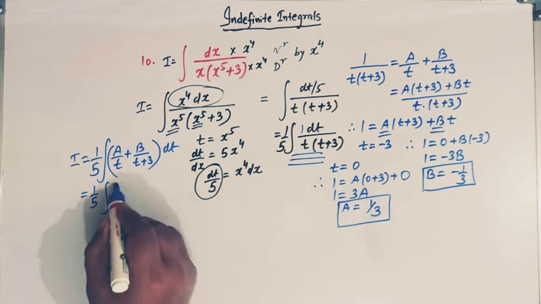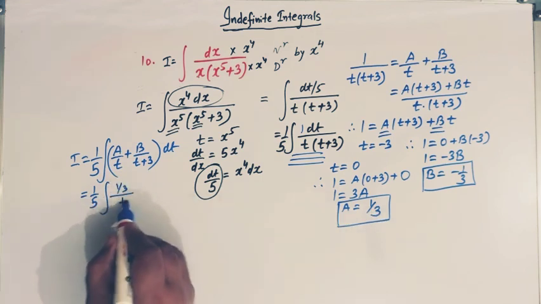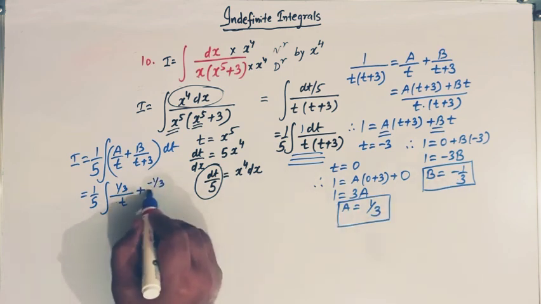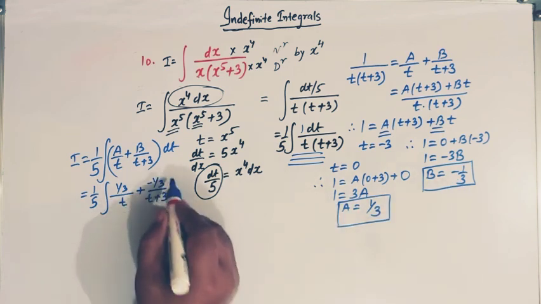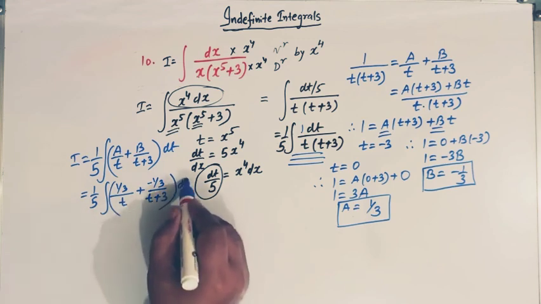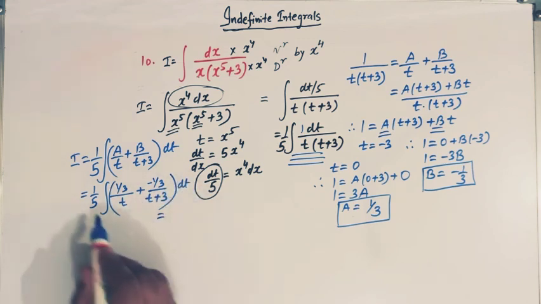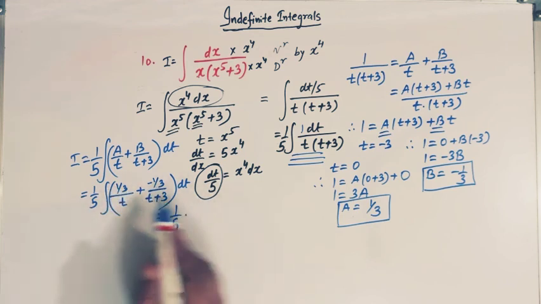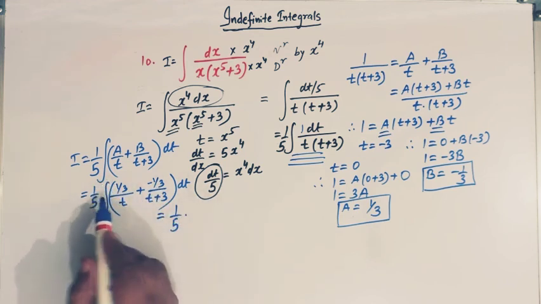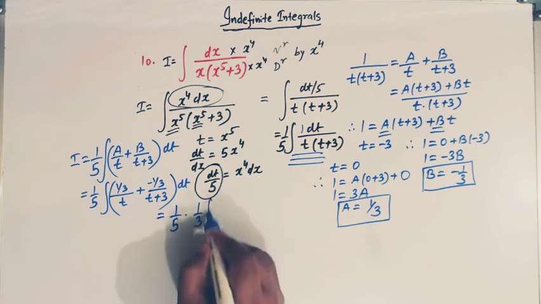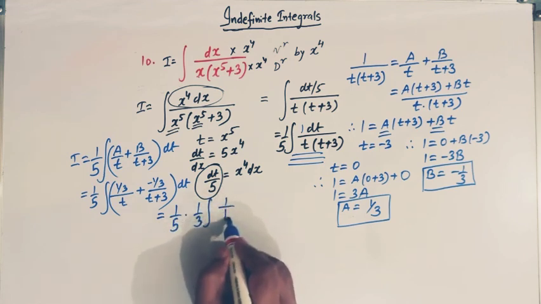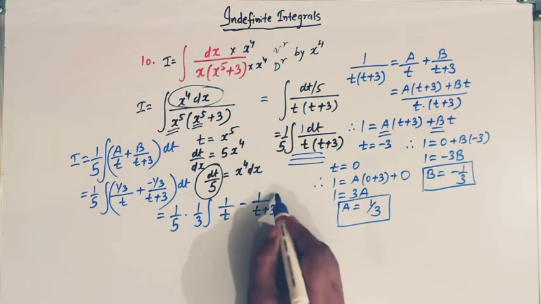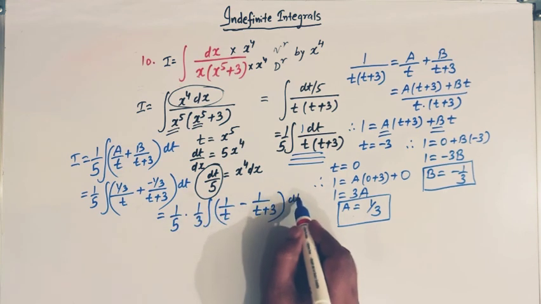For a we have 1 over 3, and for b we have minus 1 over 3 and t plus 3, right? Okay, so now we can write 1 over 5 and 1 over 3. It gets out of this integral sign, so we have 1 over 3 integral 1 over t minus 1 over t plus 3, right, and dt.